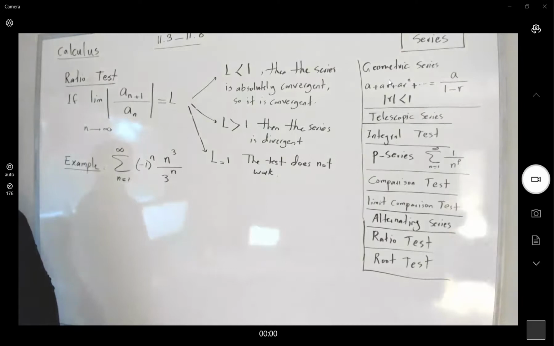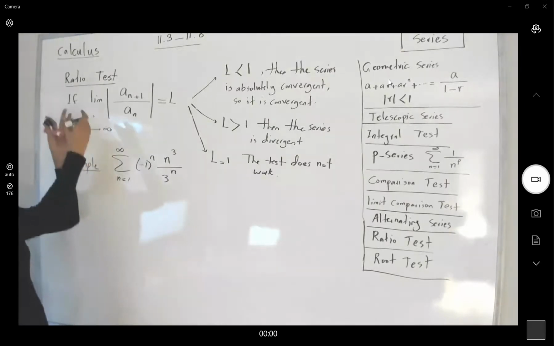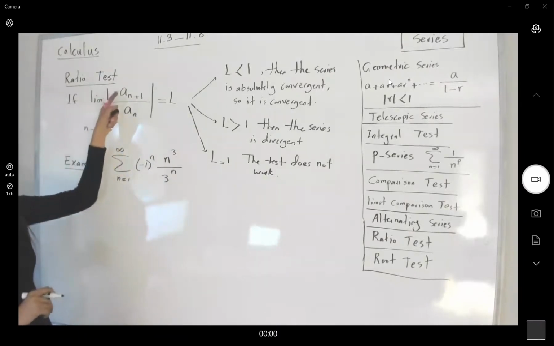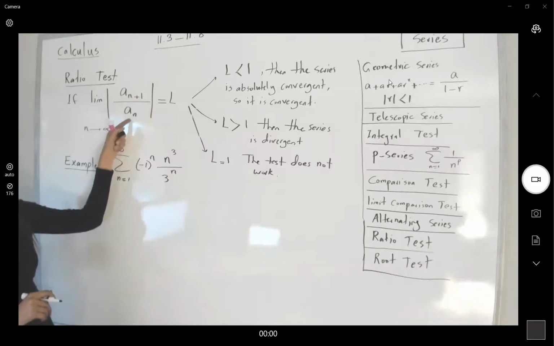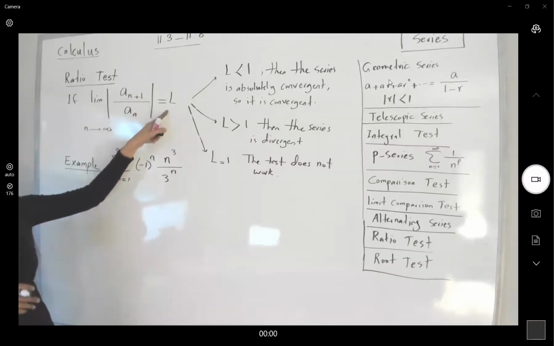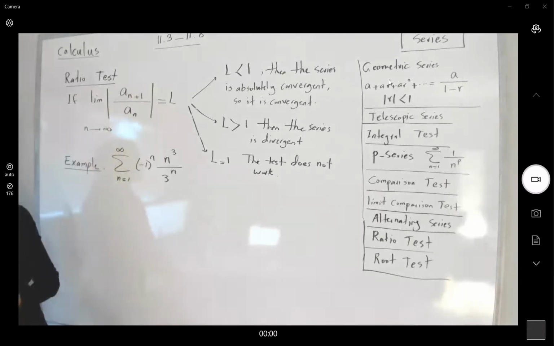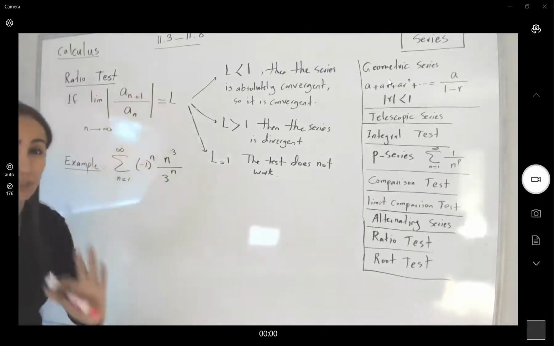What we can do, we can just form the limit of absolute value of a sub n plus 1 divided by a sub n and find that limit. If you're that lucky to get L, the number less than 1, then for sure we have a series that is convergent. Don't forget your step 1.